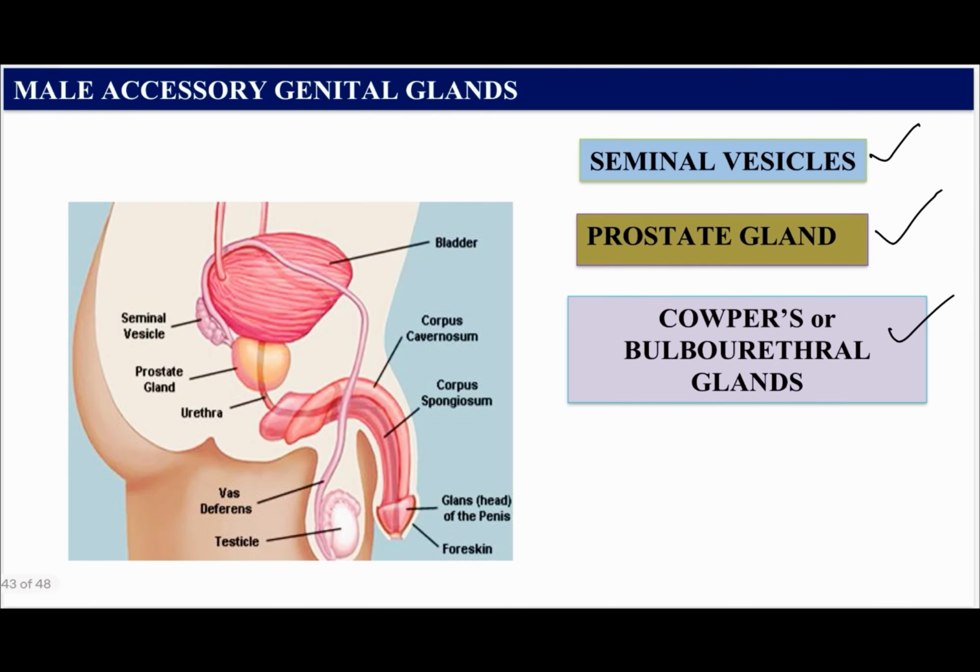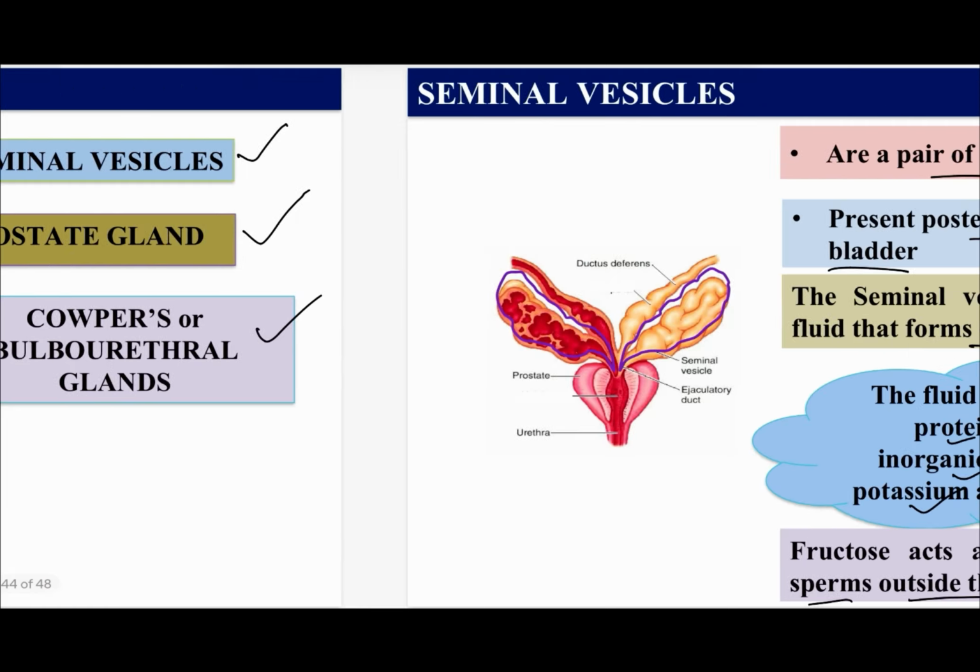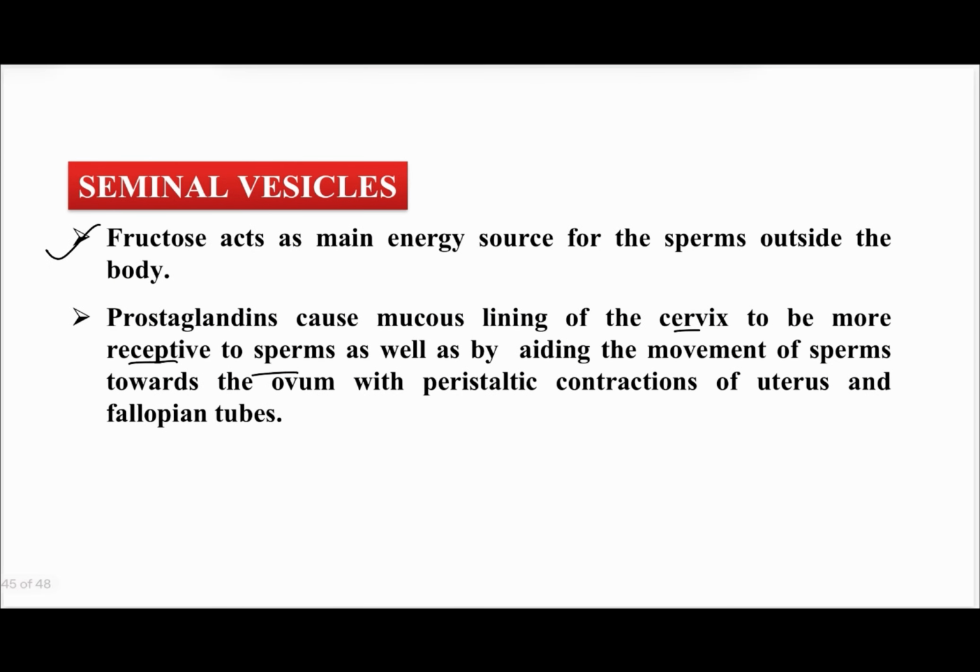This should be on a later slide, but somehow it was placed on the earlier one. It also aids the movement of sperm towards the ovum with peristaltic contraction of the uterus and fallopian tube.